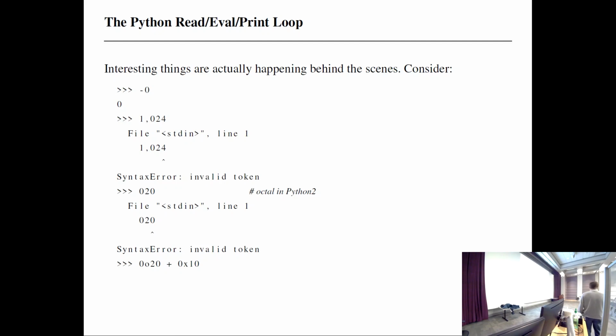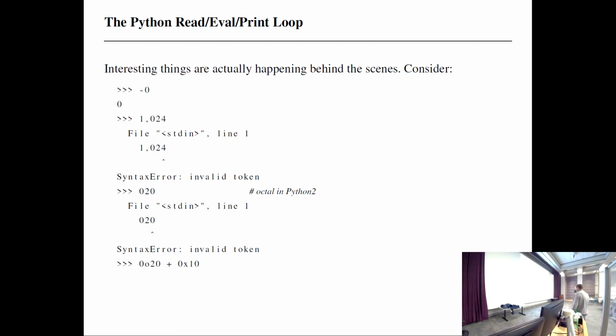The lowercase x is Python 3's way of saying that this number is actually hexadecimal. Hexadecimal is base 16. In base 16, we use the digits 0 through 9, plus the letters A through F to get 16 symbols. Here I have a 1 in the 16s position. So this hexadecimal number is 16. The octal number is 16.